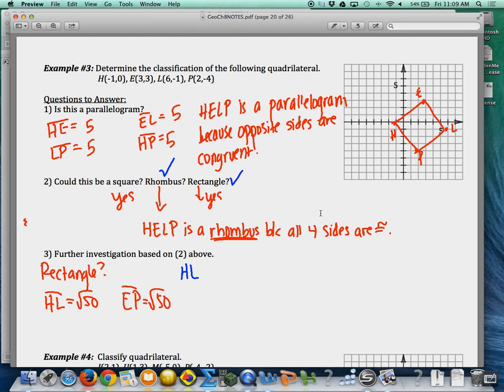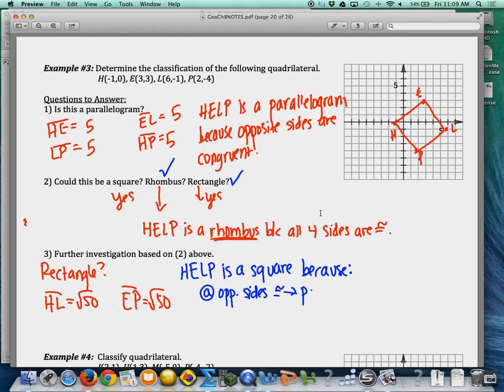It's a square. Here's how you're going to write that. We're going to say HELP is a square, because how many figures did we have to prove before the square part? 3. We proved 3. Okay, so first we proved that it's a parallelogram. So we showed that the opposite sides are congruent.